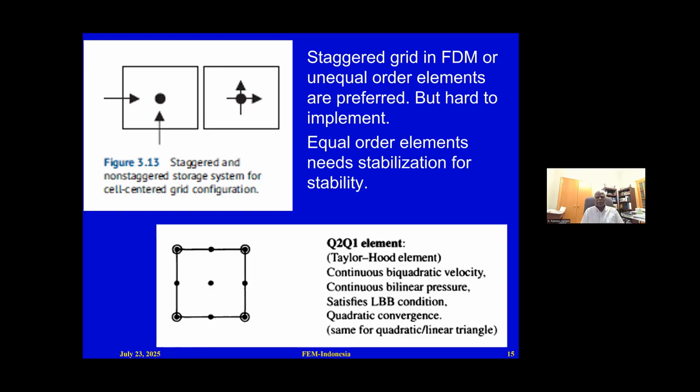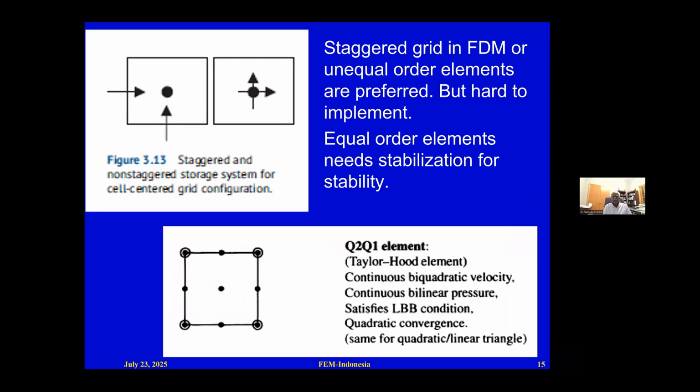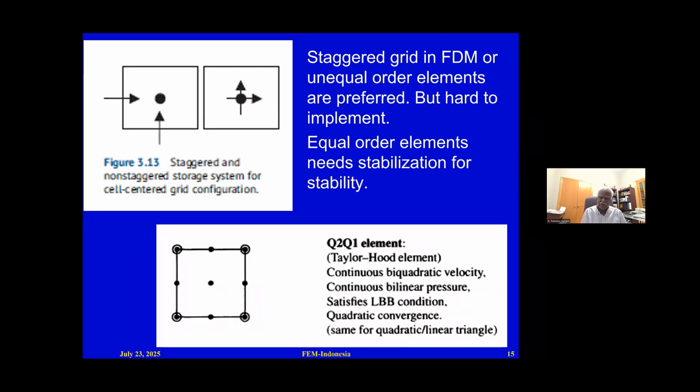What do you mean by that? In these unequal order elements, or in the finite difference world staggered grid, they supposedly satisfy a particular condition called the Ladyzhenskaya-Babuska-Brezzi condition. Because of that, the solution for pressure equations converges very fast, and the overall velocity-pressure coupling is very good.